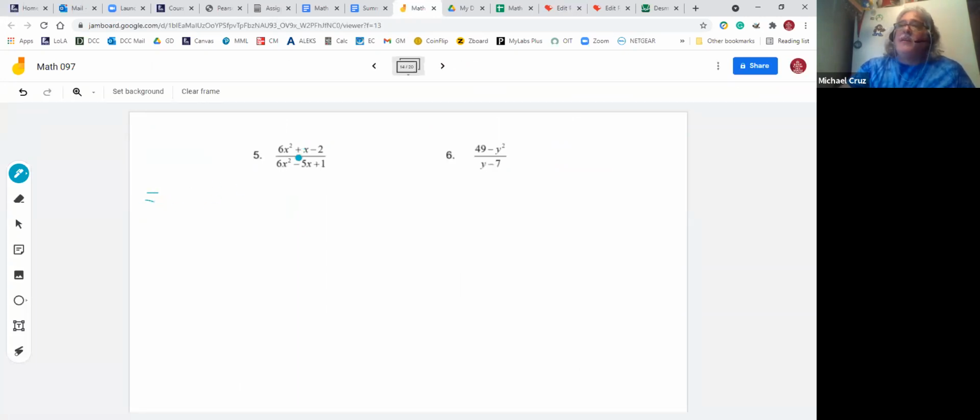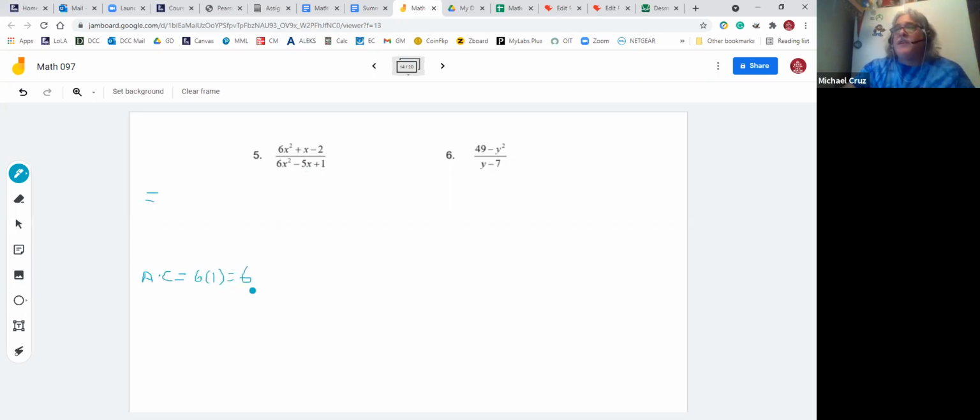These aren't so bad. I don't know why they put the harder ones right in the middle. All right, now these, it's just a matter of using that AC method. I'm going to do the denominator one first, just because I think that'll be the easiest one. So A times C is equal to 6 times 1, which is just going to be 6.